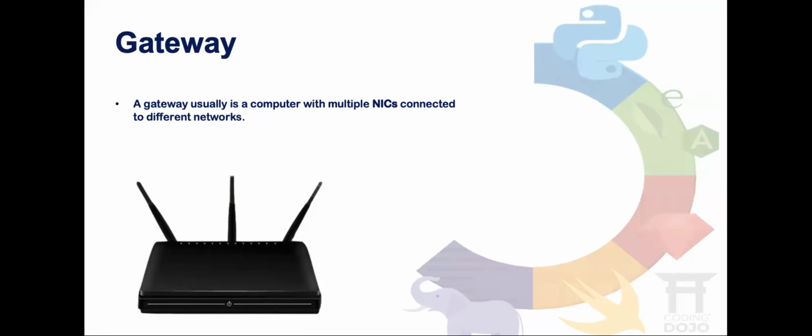So a gateway is usually a computer or a device which has multiple network interface cards, or NICs, because we just looked at what a NIC is, which are connected to different networks. A gateway sometimes looks like a router, which we would see later, but there's a difference between the two. What a gateway does is that it is able to connect different networks together, right?